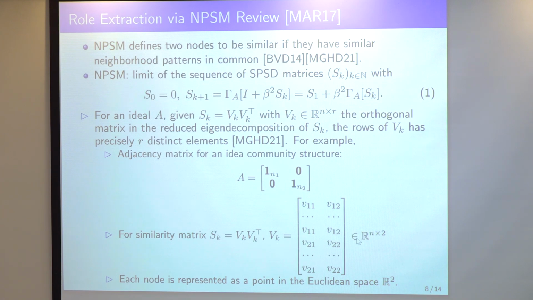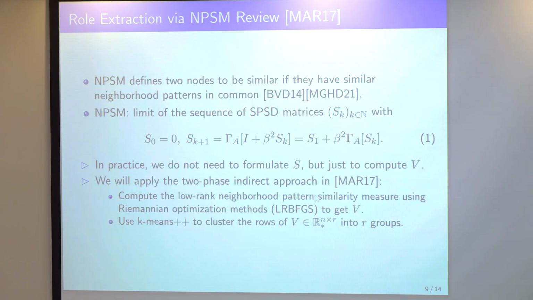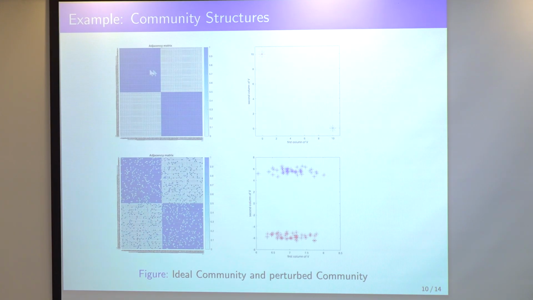Now we can represent each group as a point in the Euclidean space, for example here R2. Let's quickly visualize it. So this is an ideal case of the community structure. The first several nodes are inside one group, the second several nodes are inside another group.